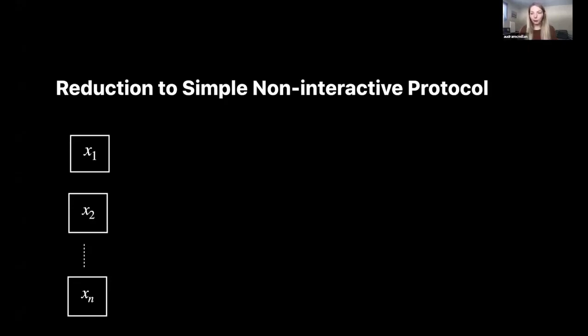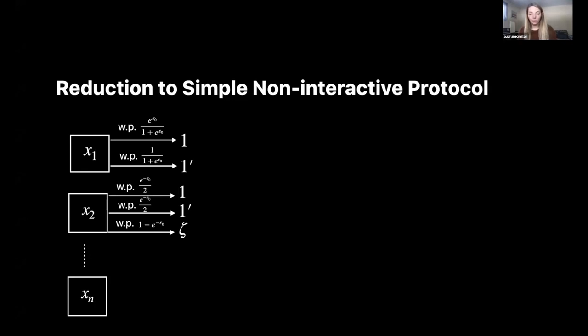Okay, so what this non-interactive protocol is going to do is, on the first data point, so this is the data point that differs between P and P prime, it's going to run a randomized response. So it's going to output 1 with slightly higher probability on x1 and 1 prime with slightly higher probability on x1 prime.